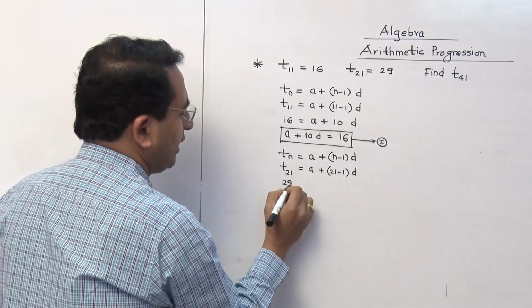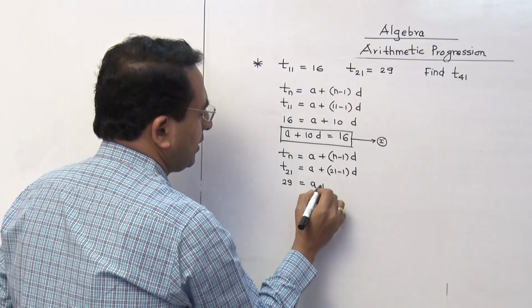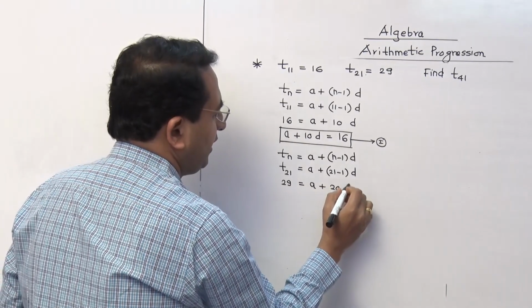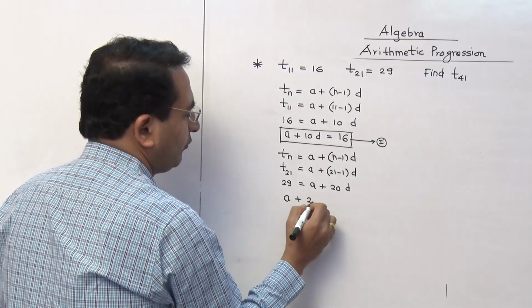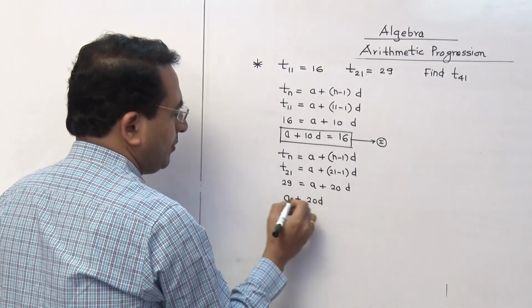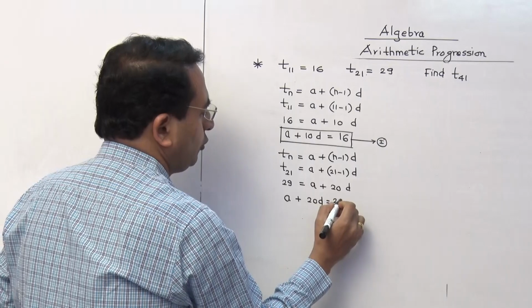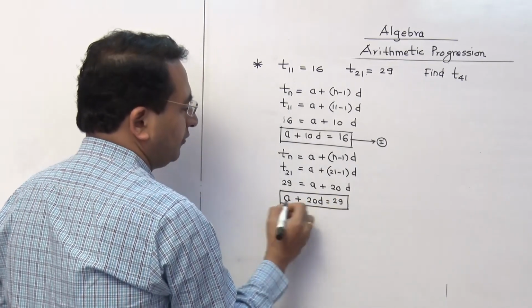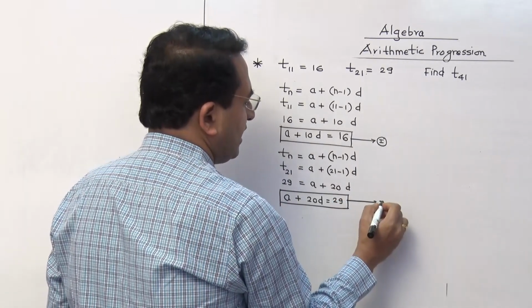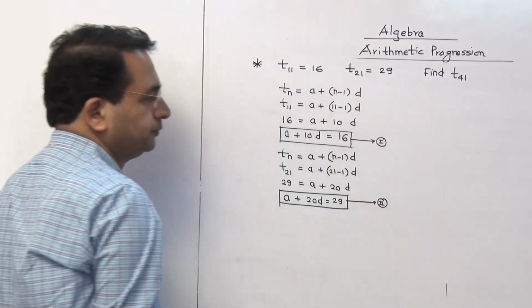So I should write 29 here. This is A plus, this is going to be 20D. But the equation we have to write in this form only. That is A plus 20D is equal to 29. This is again a standard form of the equation. That is what we write as equation number 2.